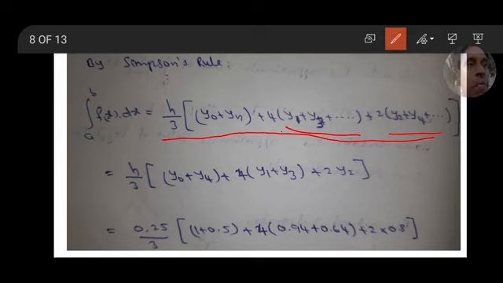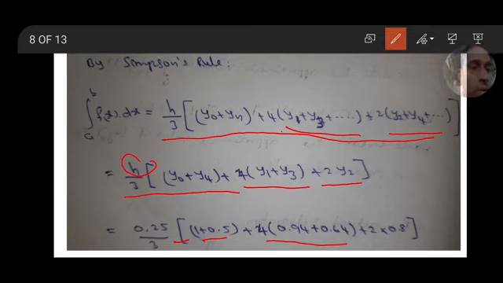We have only up to y4. So h by 3 into y0 plus y4 plus 4 into y1 plus y3 plus 2 into y2, even ordinates. So substitute the values: 0.25 by 3, 1 plus 0.5 plus 4 into 0.94 plus 0.64 plus 2 into 0.8.